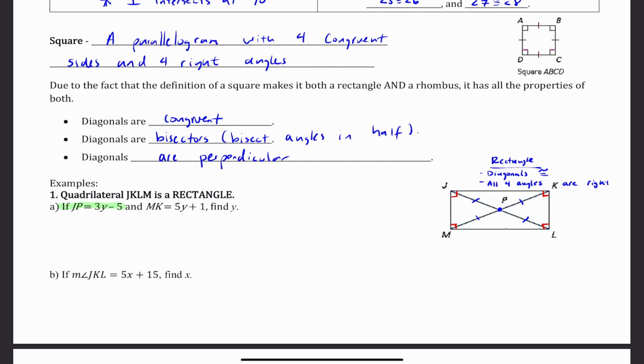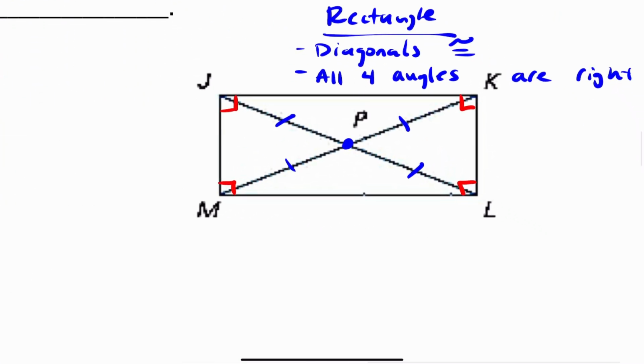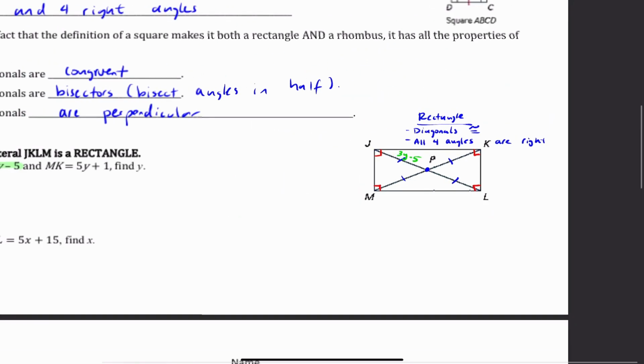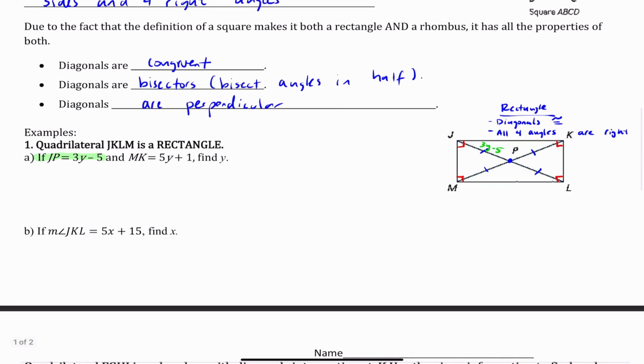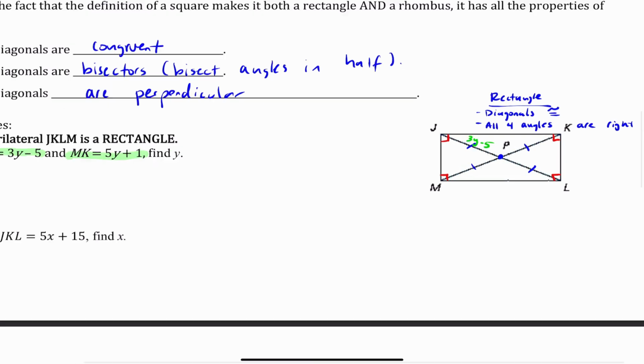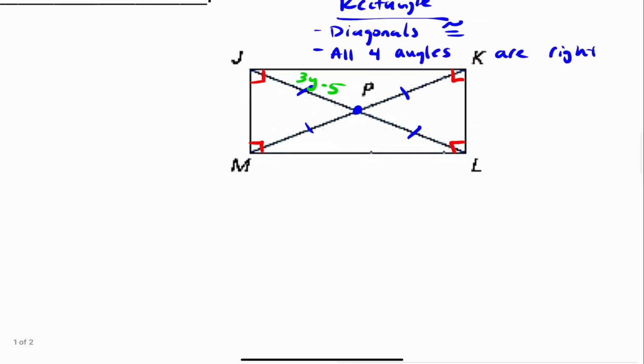JP is 3y minus 5. So this is 3y minus 5. Okay, that's JP. And then MK is this whole thing right there. That's going to be 5y plus 1. So this whole thing is 5y plus 1.